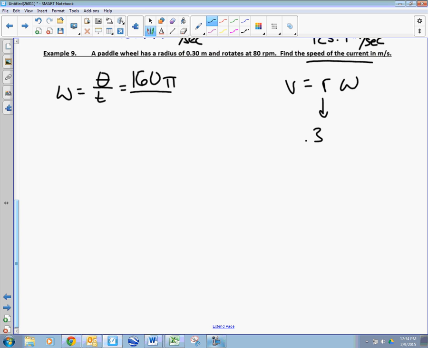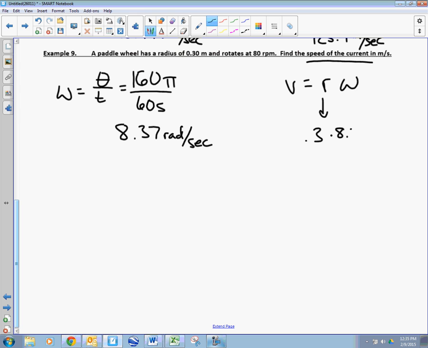We want this in seconds, so I should divide by 60 seconds. So this is omega. Somebody come up with a number there for me, please, like 8 point something. 8.37 radians per second. So we put that in for omega, which we just solved for.